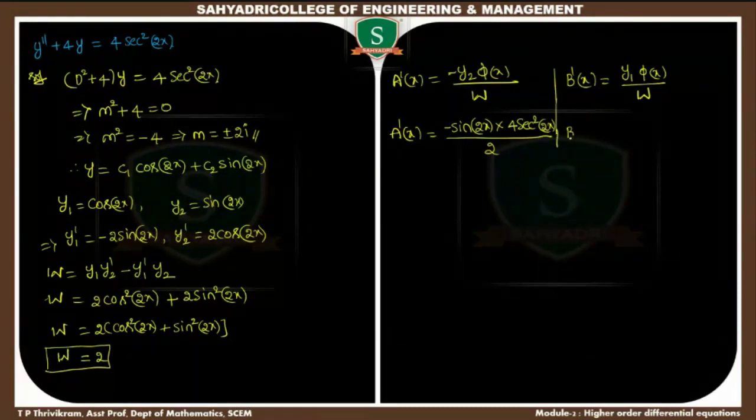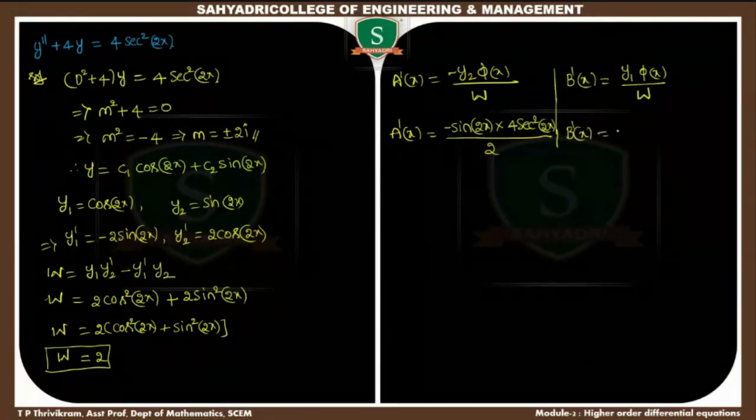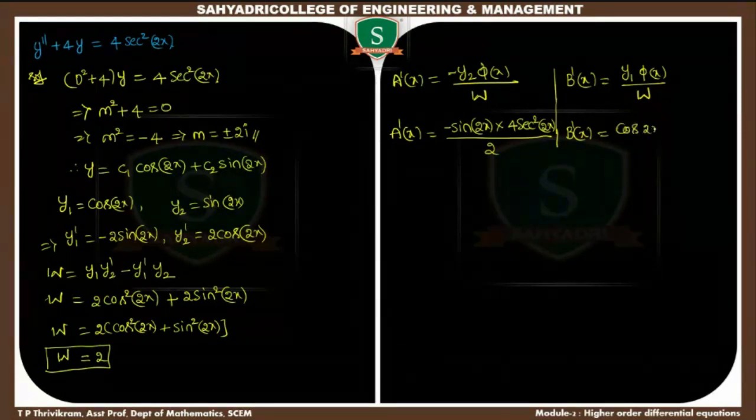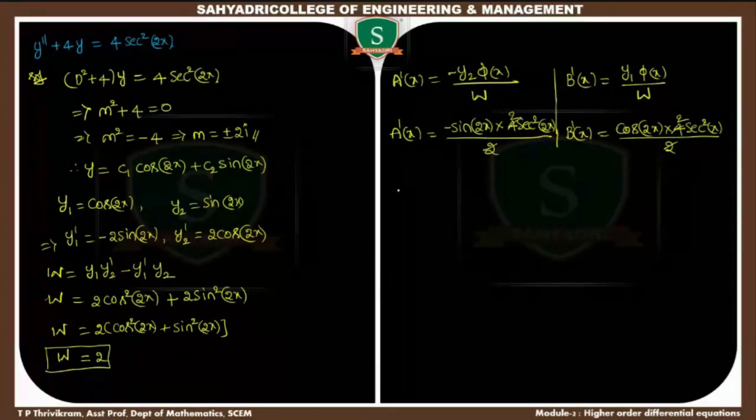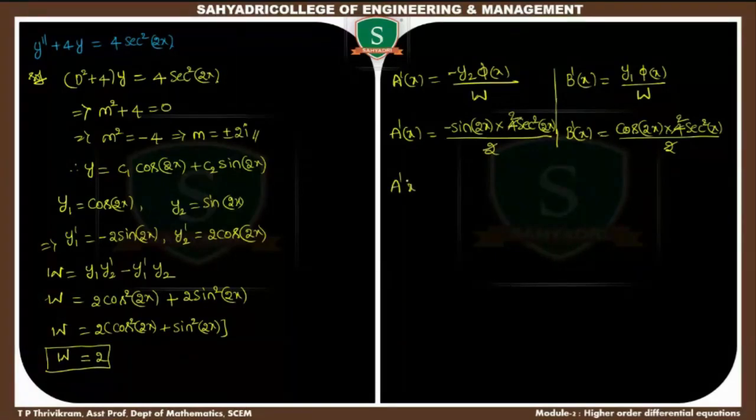Similarly, b dash of x is equal to cos 2x into 4 secant square 2x divided by 2. Sorry, here 4. So 2 ones are 2, 2 twos are 4, here also. So a dash of x is equal to how much? Minus 2.